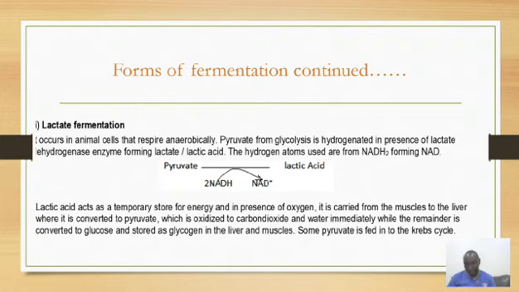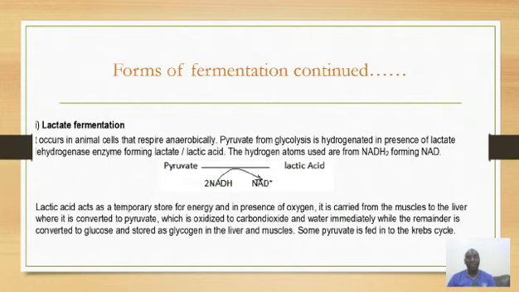The pyruvate or the pyruvic acid from glycolysis is reduced. In other words, hydrogen atoms from NADH2 are taken up by pyruvate, forming lactic acid, which should not also accumulate. Therefore, what happens?